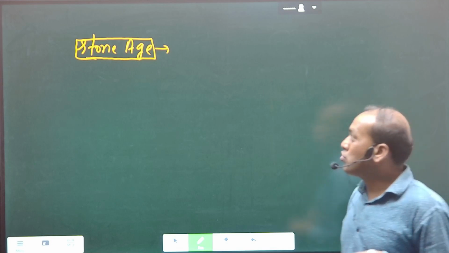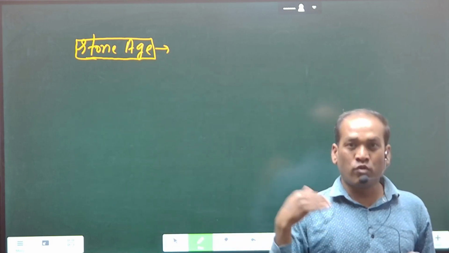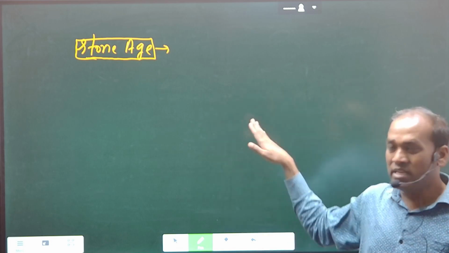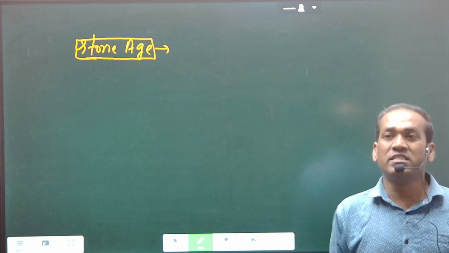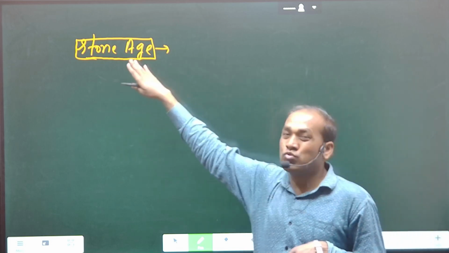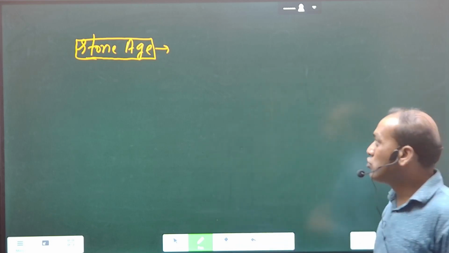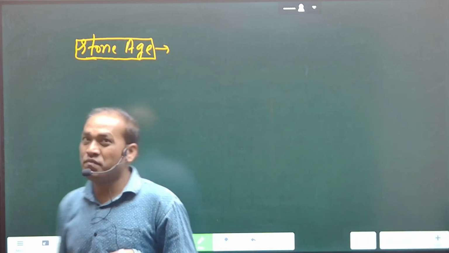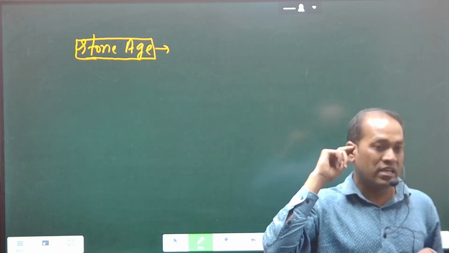Related to this Stone Age, we have so many evidences, but here I will write on the board two main evidences on the basis of which you can say that yes, Stone Age appeared in India. Here we have the first evidence.